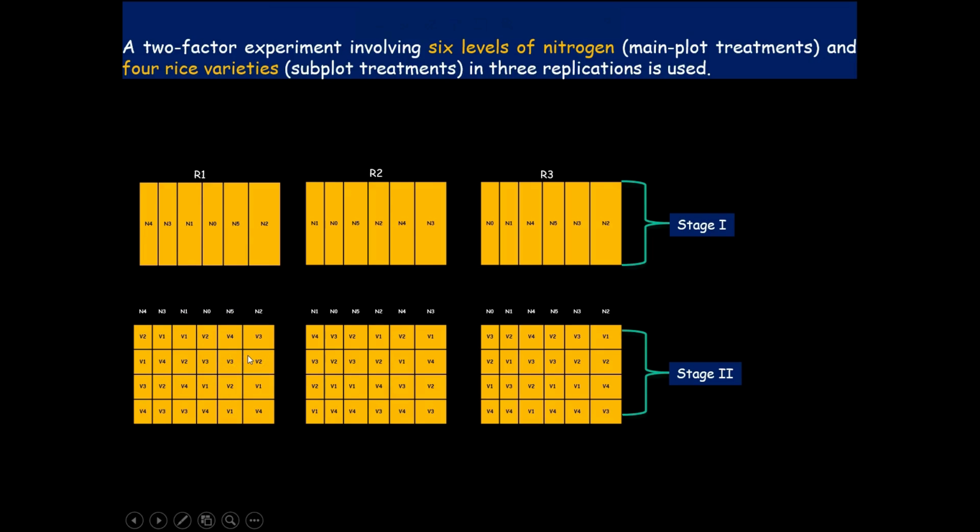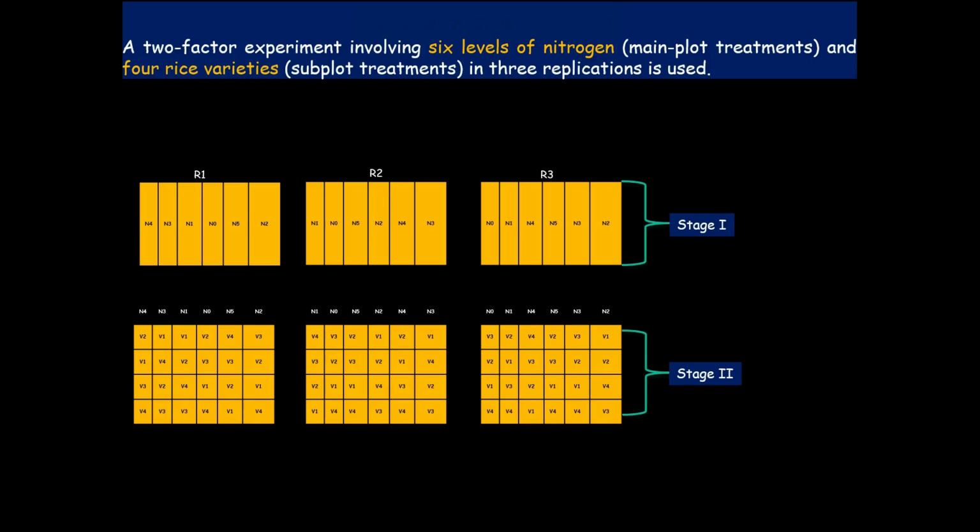There are some important features involved in that. The size of the main plot is b times the size of the subplot. In this illustration, with 4 varieties, b equals 4, so the main plot is 4 times the size of the subplot.